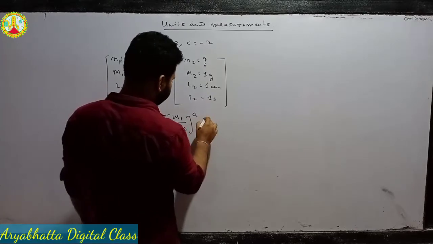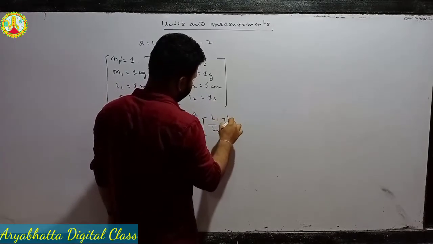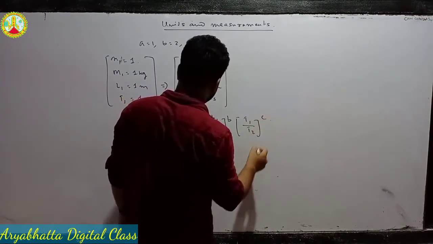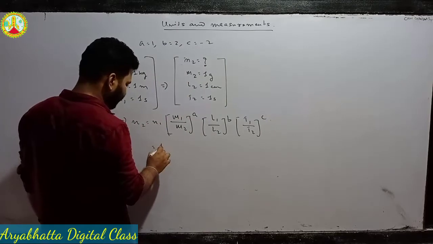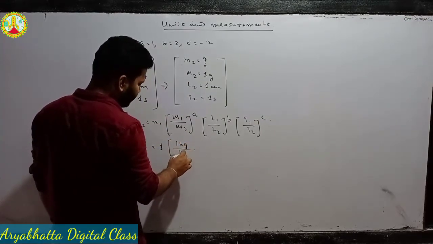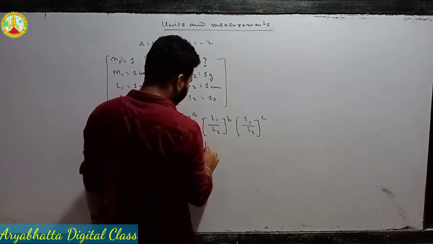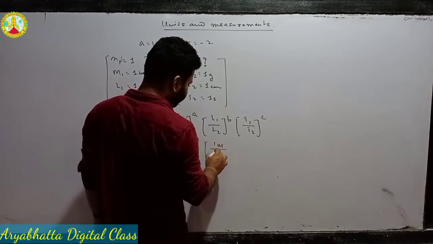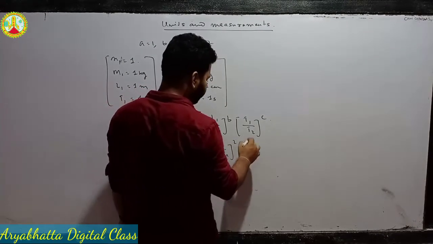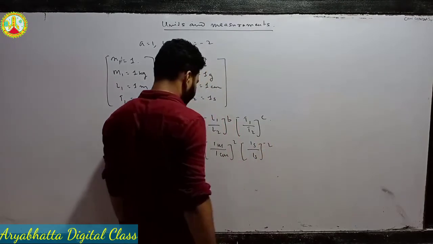So this is l1 by l2 to the power b, t1 by t2 to the power c. So n1 is given as 1, m1 is 1 kg divided by 1 gram to the power 1, l1 is 1 meter by 1 centimeter to the power 2, and this is 1 second by 1 second to the power -2.